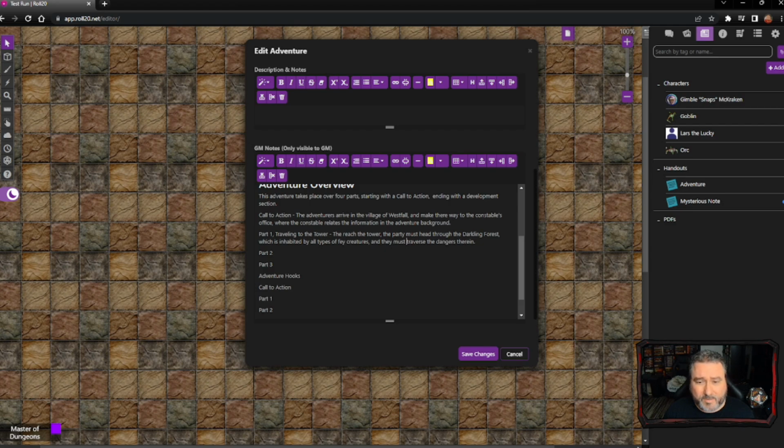You don't want to put the characters into a situation where they're overwhelmed by whatever encounters there are in the forest, and then have someone come and rescue them, because that takes away the player agency, the character agency a little bit.